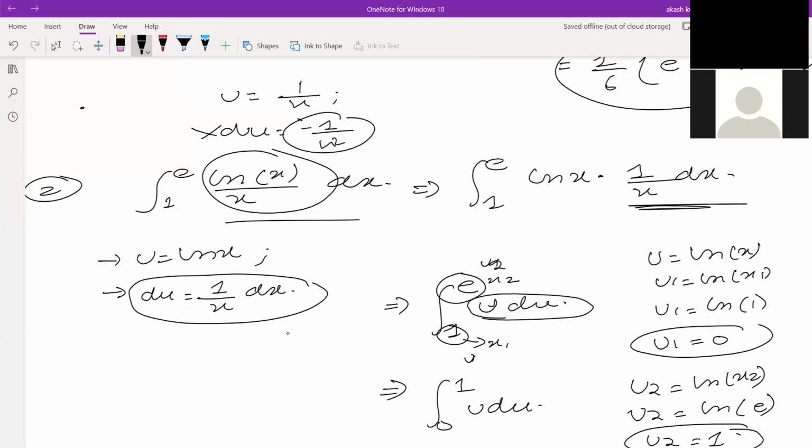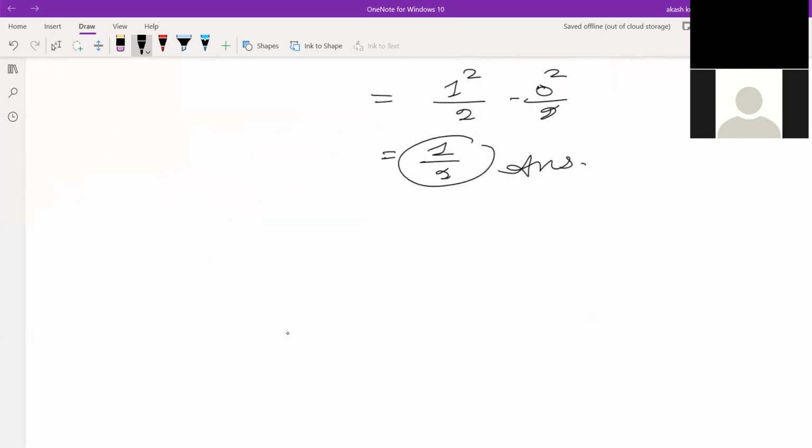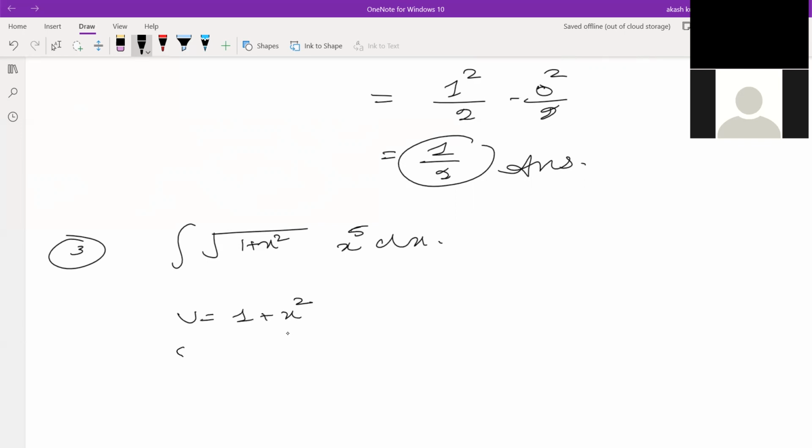Let's do another question. It is the integral of x^5 times the square root of 1 plus x square dx. Let's take my u as 1 plus x square, and my du will become 2x dx.